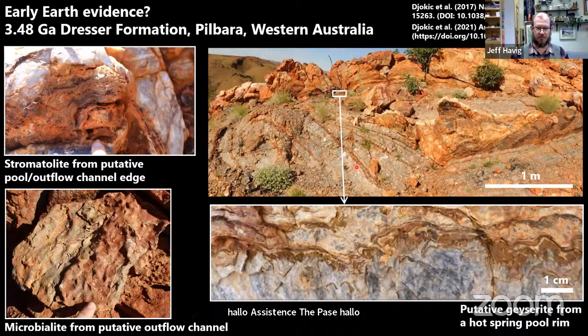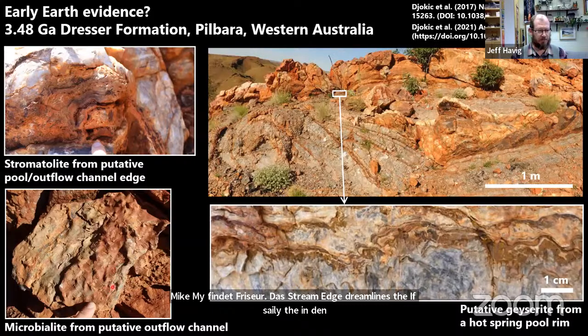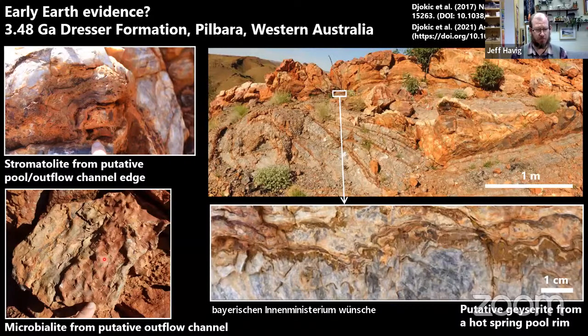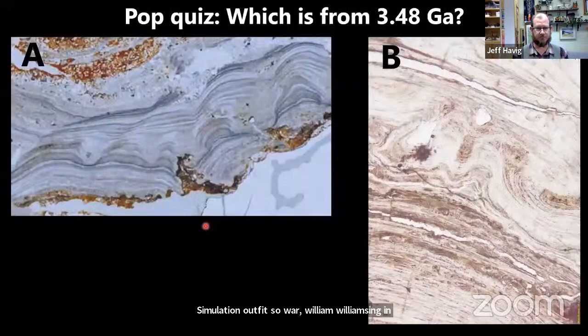That's one indicator of hydrothermal systems. On the left, I have my finger for scale, looking at what looks exactly like the stream edge stromatolites that I've studied in Yellowstone. And then a very thin microbial mat, which would have been in a fast flowing region, similar to an outflow channel for a hot spring. So a lot of really fascinating and intriguing textural evidence.